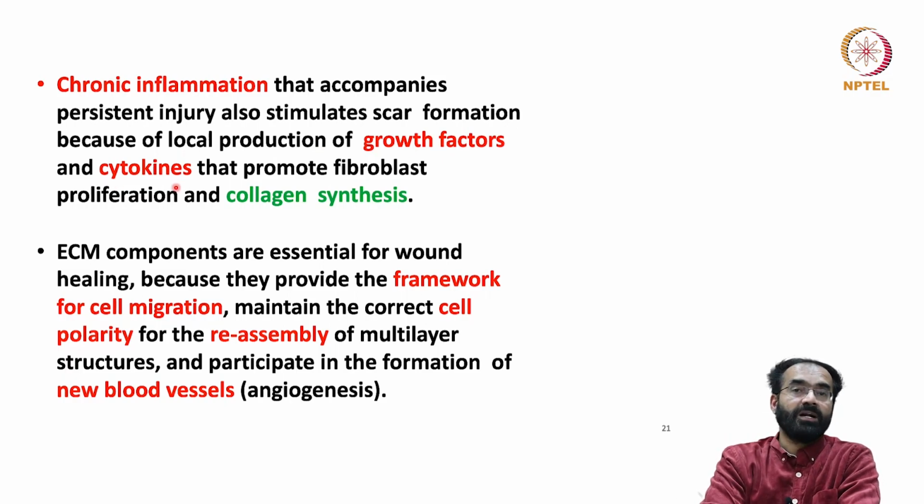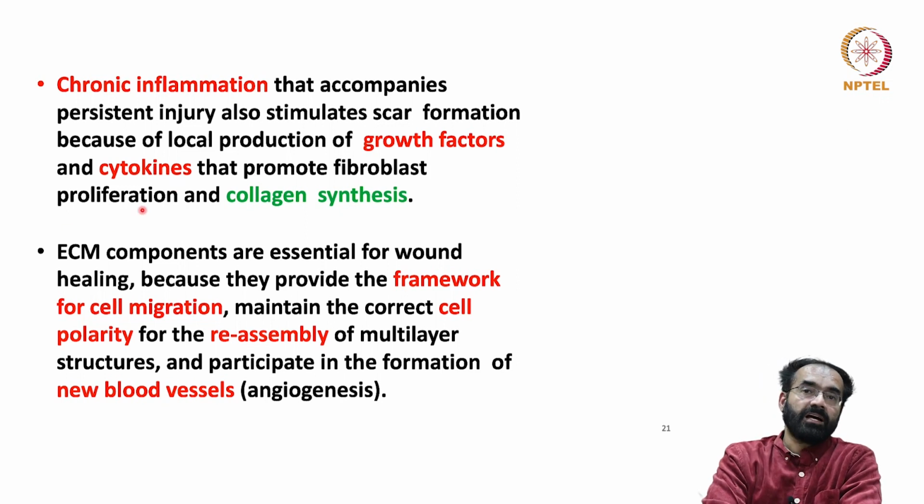Growth factors are the ones which help the cells to replicate, or the proliferation of the cells happens because of growth factors, and the cytokines are the ones which can be pro-inflammatory or anti-inflammatory that promote fibroblast proliferation and collagen synthesis, because without growth factors and cytokines you cannot have either of them.